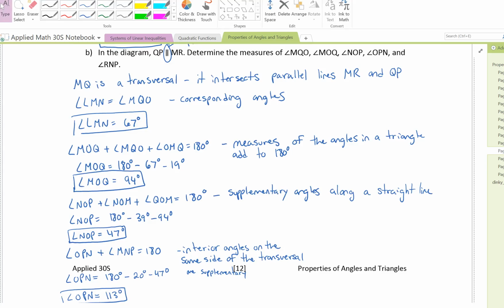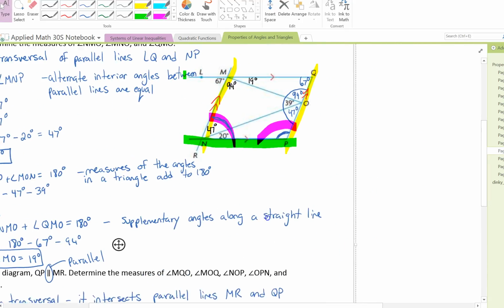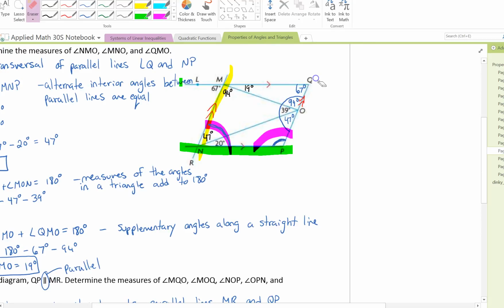The last angle we have to solve for is angle RNP. Where's that? Let's get rid of this first of all, and put in what we just solved for. Okay, angle OPN was 113 degrees.